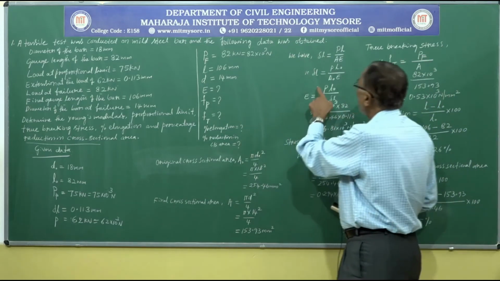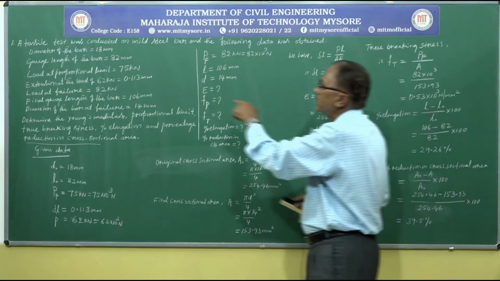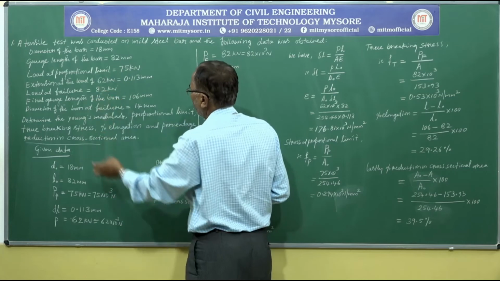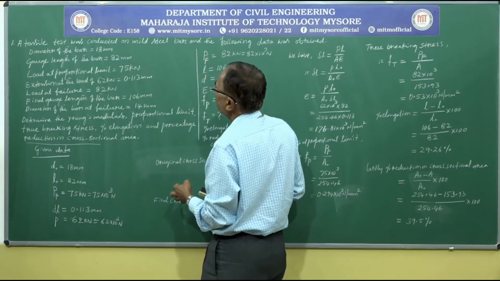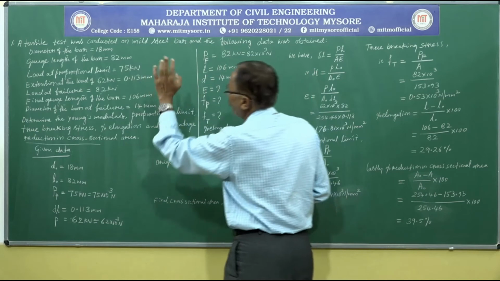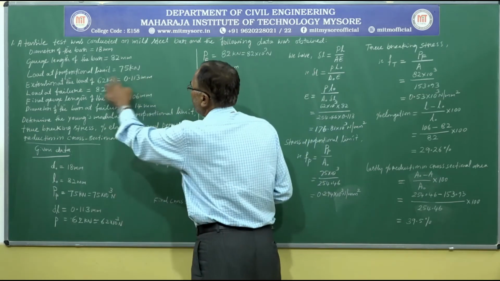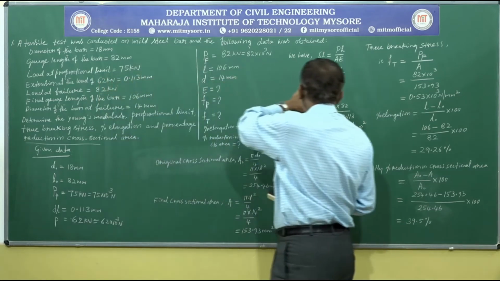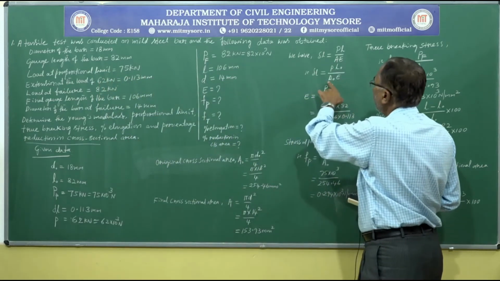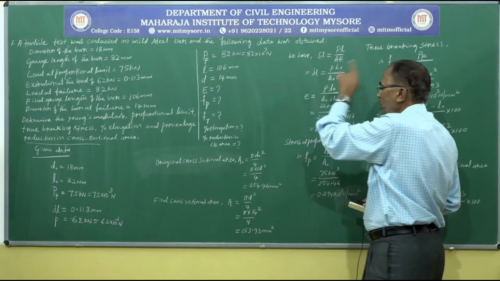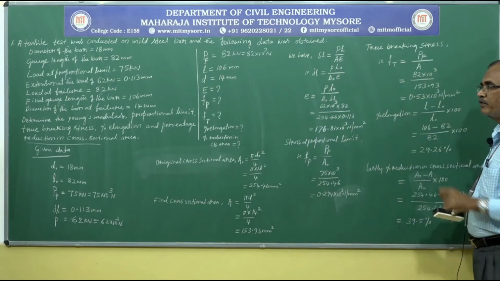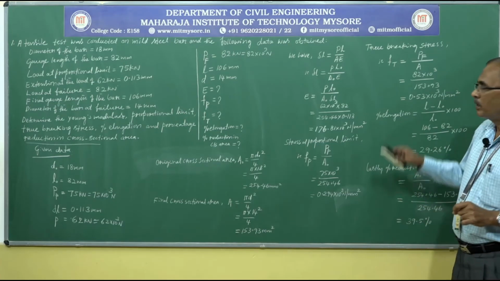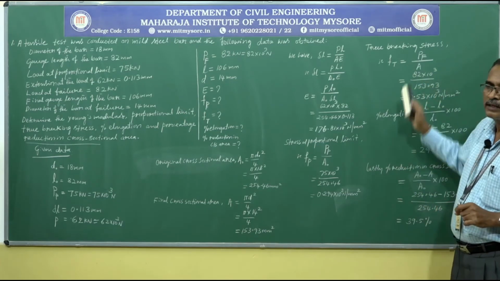To calculate Young's modulus, there are 3 loads here, which is confusing: 75 kilonewton, 82 kilonewton, and 62 kilonewton. Carefully, this 0.113 corresponds to 62 kilonewton. Again, the original cross-sectional area is to be used, except at the failure point. If it is asked to calculate true breaking stress, we need to use the final cross-sectional area.